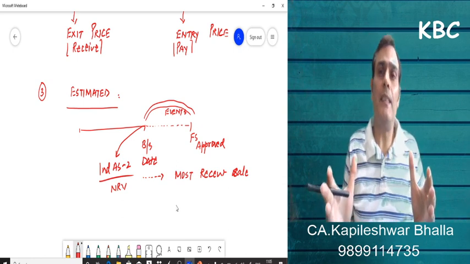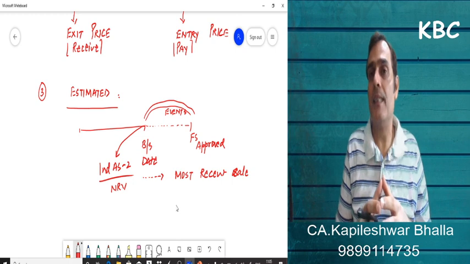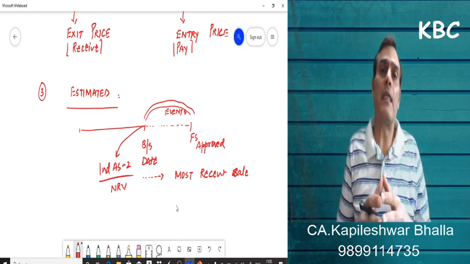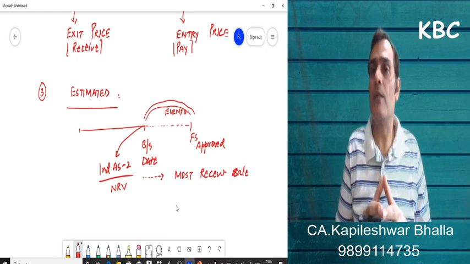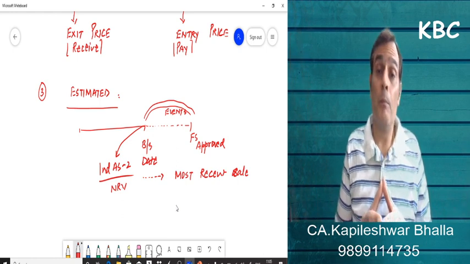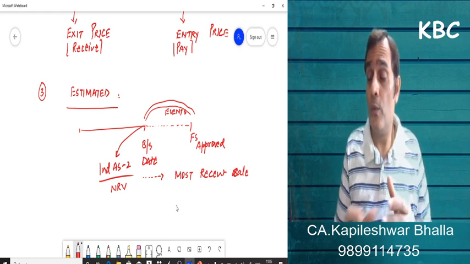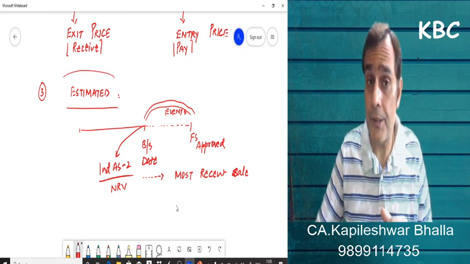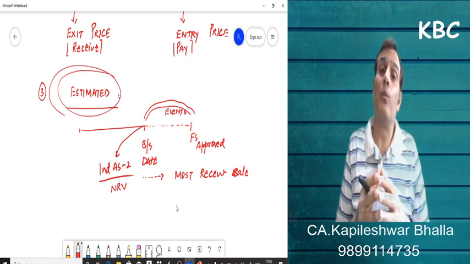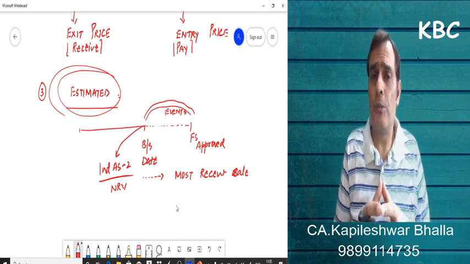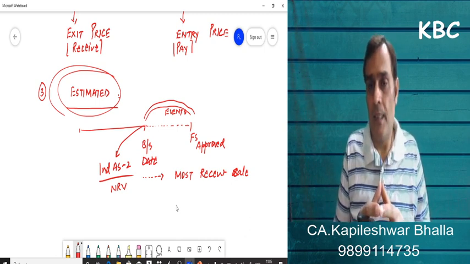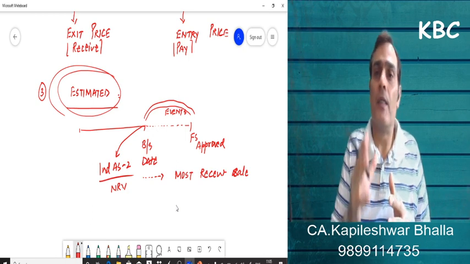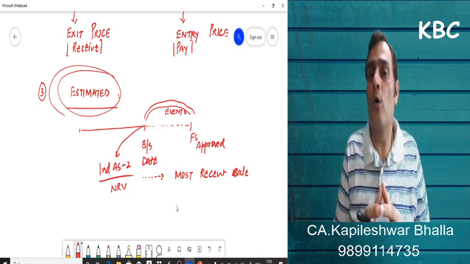Though we're going to see the details related to Ind AS 10, which events are adjusting or non-adjusting, I think that's not the agenda right now. But let me tell you that when you say the word estimated, the question arises, what is the date when you estimate? The date when you estimate is the balance sheet date along with Ind AS 10.